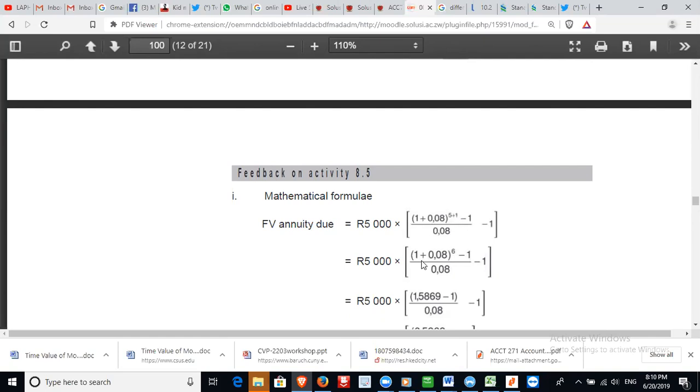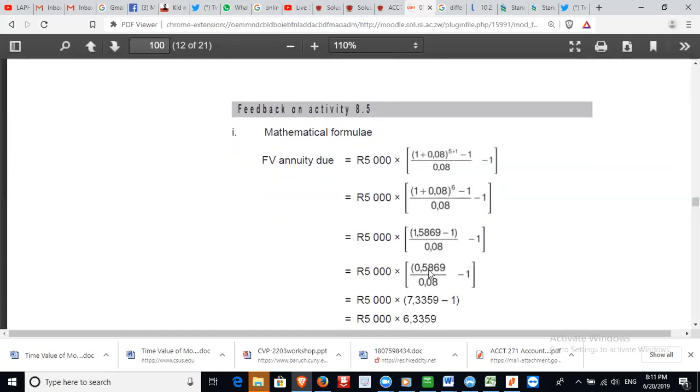Then you say 1 plus 0.08, which is 1.08 to the power 6, which is 1.5869 minus 1 over 0.08. Then you say 1.5869 minus 1, you get your what?